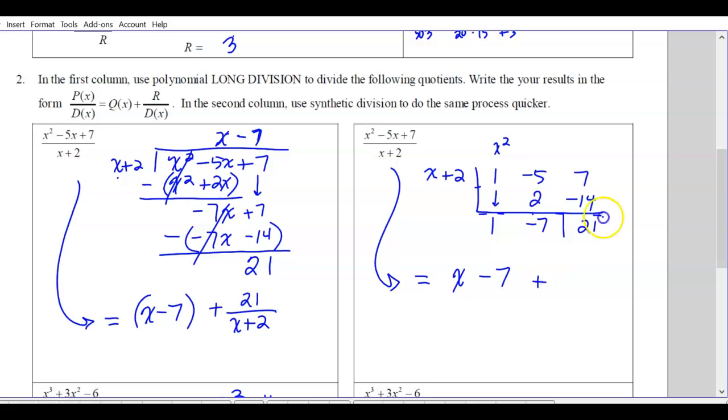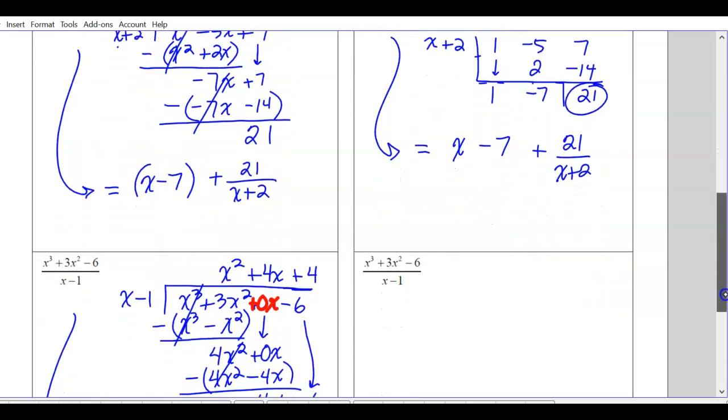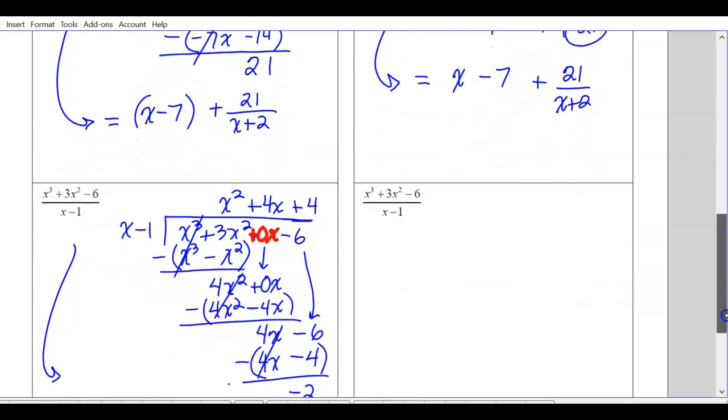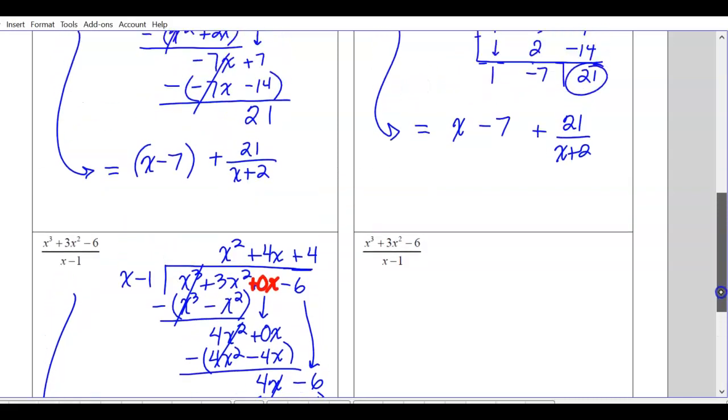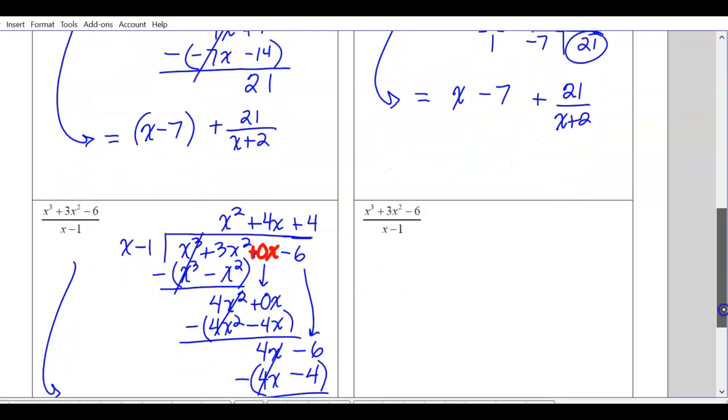Then plus your remainder, this is always your remainder, 21, over that divisor. Okay. So don't just leave it. You still have to put it back into the polynomial form, because this is really meaningless, but you are allowed to use this as a method on tests, etc. You continue on to calculus, which if you're an ID, you will, then you'll do this a fair bit, actually.